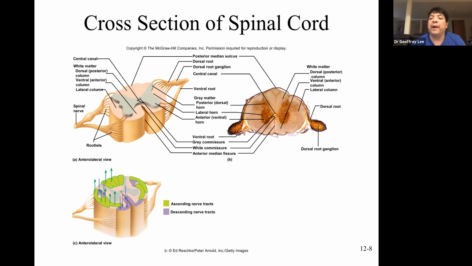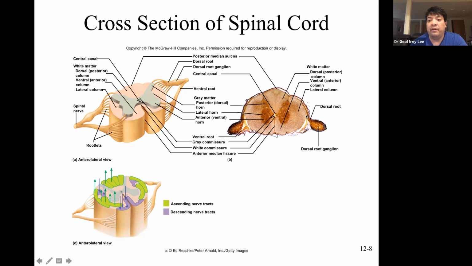Those cell bodies are found outside the spinal cord at the dorsal root, right? So as the cell bodies are found here in the dorsal root, we call it the dorsal root ganglia. The ganglia mean cell bodies outside the spinal cord. Now, it doesn't have to be very far outside the spinal cord.